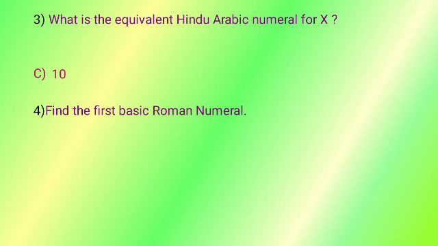Find the first basic Roman numeral. Here are the options: 0, I, V, X. What is the correct option? Roman numerals start from I. In our international numbers we start from 0, but Roman numerals start from I, that is 1.